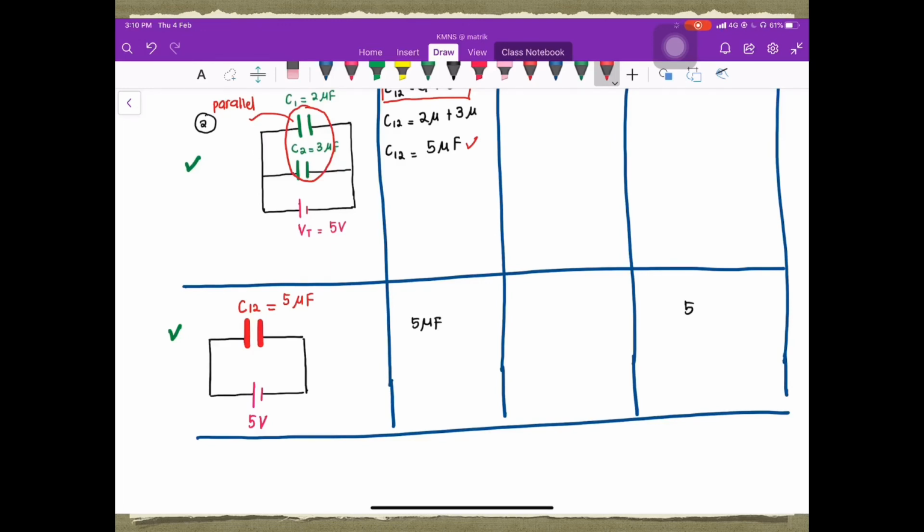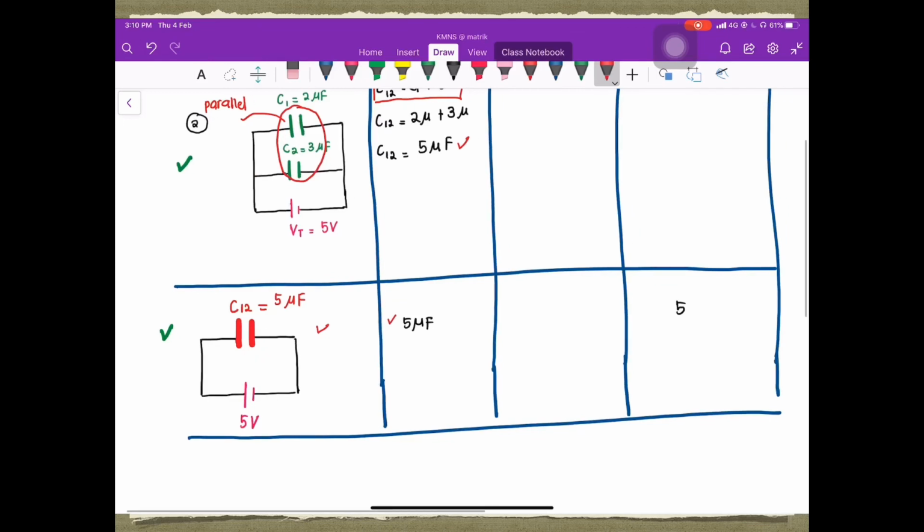Next, write all the total values for the simple diagram: 5 microfarad for the effective capacitance, and 5 volt, which is the power supply or total voltage.